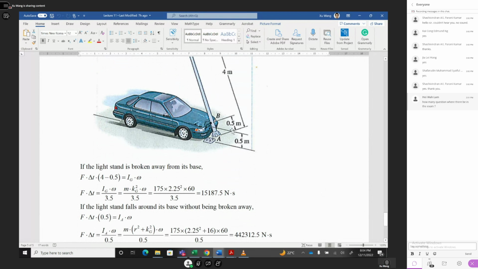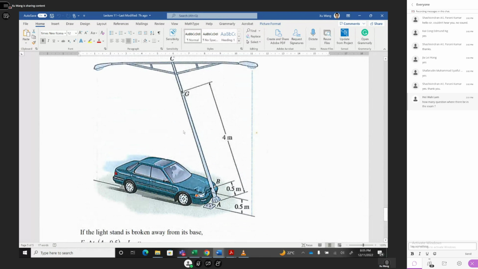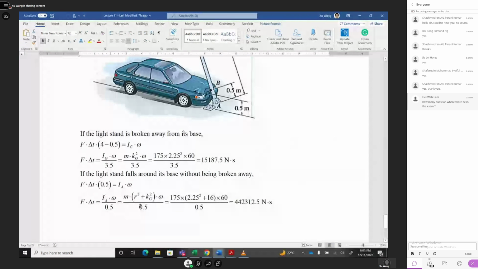They're equal to I for the whole rotation about A, so IA omega. IA should be equal to the central gravity inertia IG, which is m kg squared, plus mass multiplied by the distance from G to A, which is 4. So IA equals two parts.